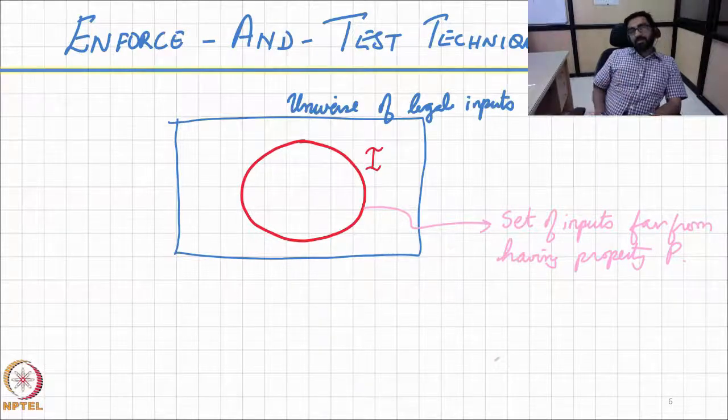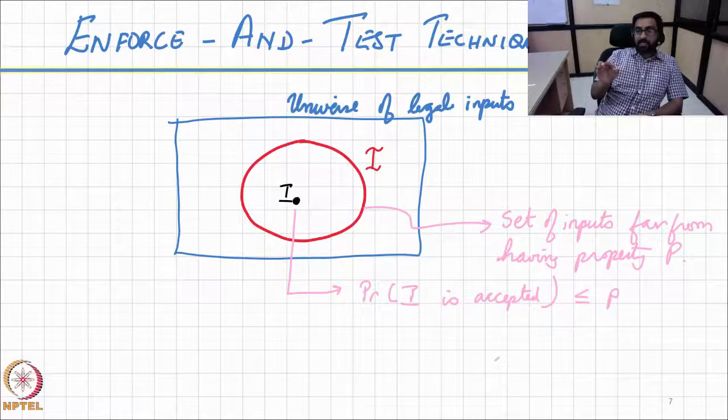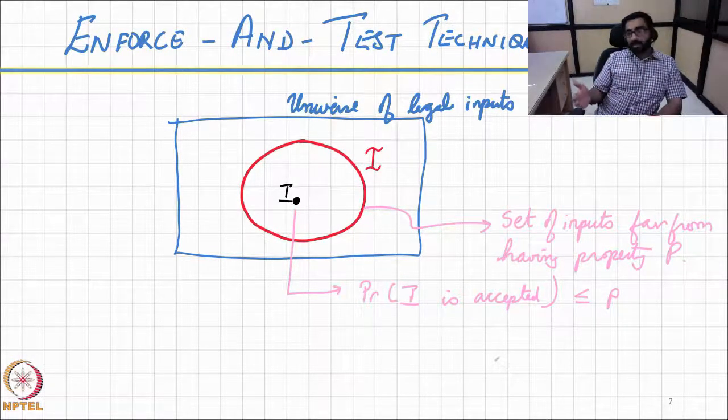Now let's say this rectangle here represents the universe of all legal inputs, and within that we have a set I, and this is the set I of inputs that are far from having the property that we are interested in testing. So when we get an instance from this set I, we must reject that instance with a certain amount of probability, or in other words, we must only accept it with some small probability that's at most some p.